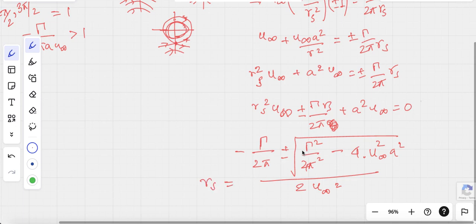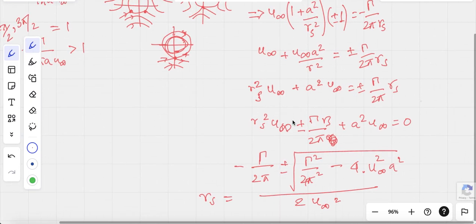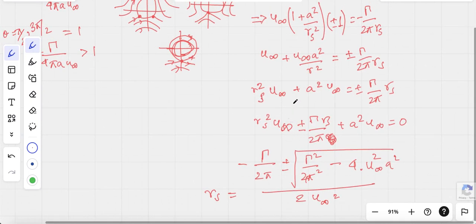We can see that this rs has to be positive.